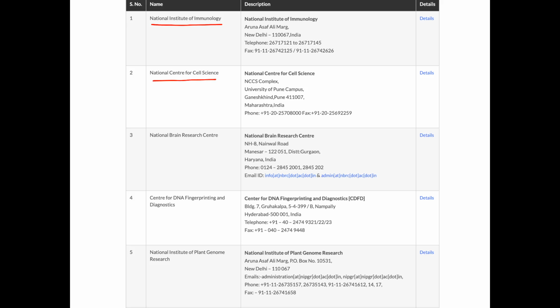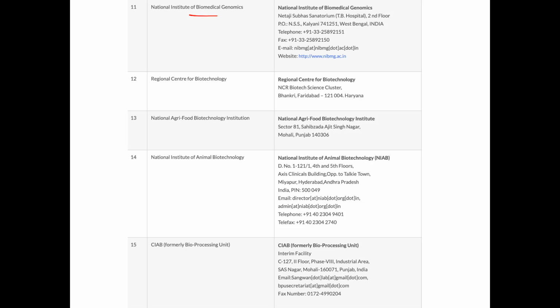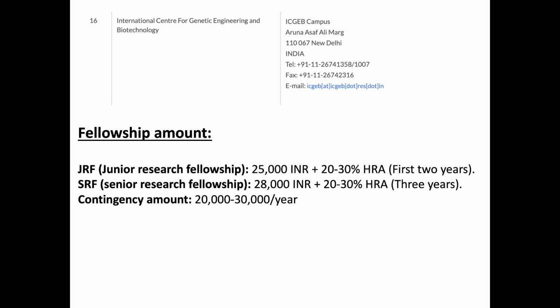National Centre for Cell Science, National Brain Research Centre if you are interested in brain science, and Centre for DNA Fingerprinting and Diagnostics, National Institute of Plant Genome Research, National Institute of Biomedical Genomics, Rajiv Gandhi Centre for Biotechnology, Institute of Stem Cell Science and Regenerative Medicine, Translational Health Science and Technology Institute, Regional Centre for Biotechnology, Agri-Food Biotechnology Institute, and Animal Biotechnology Institute, and last but not least, the International Centre for Genetic Engineering and Biotechnology.